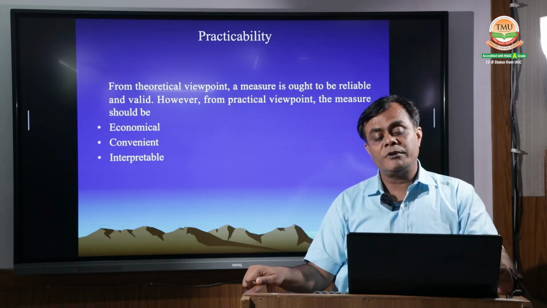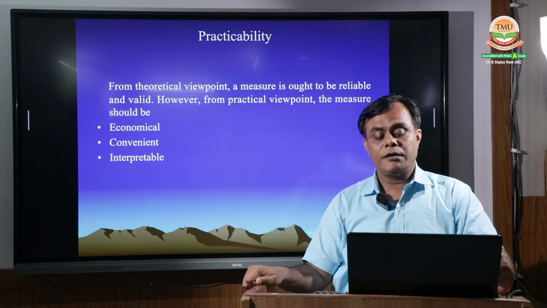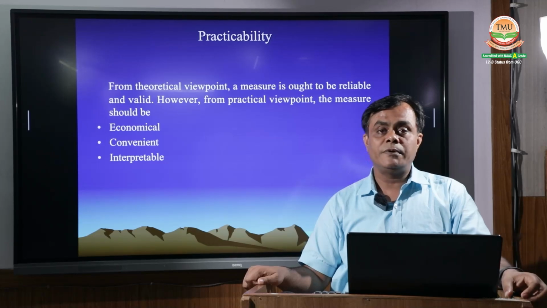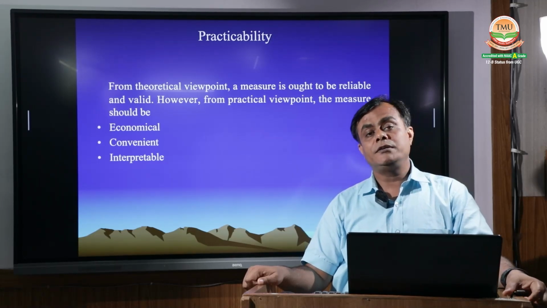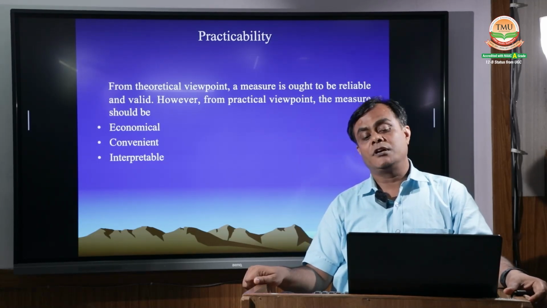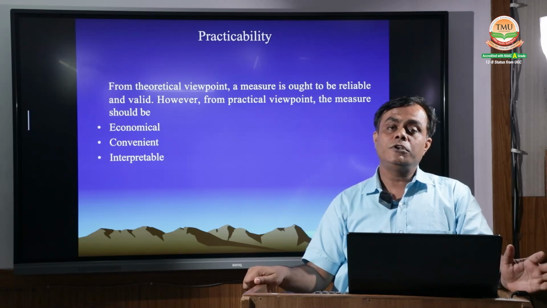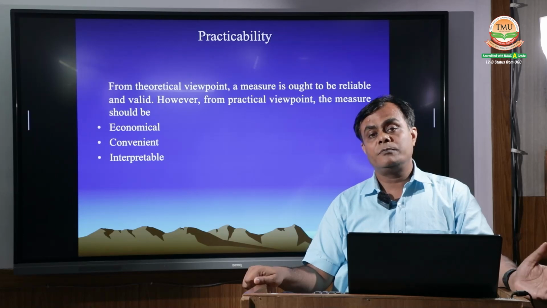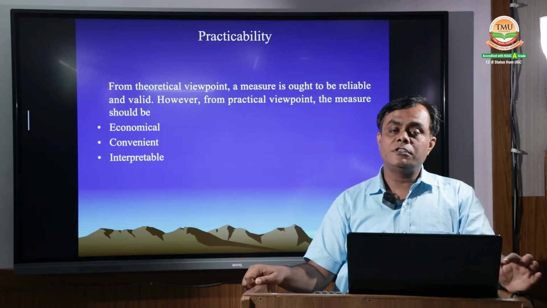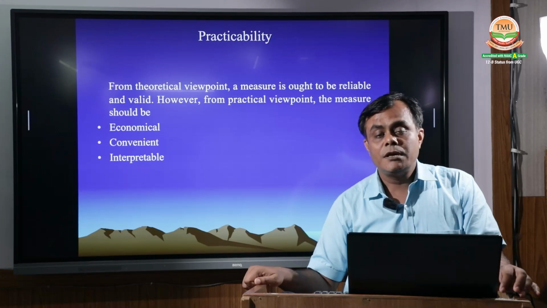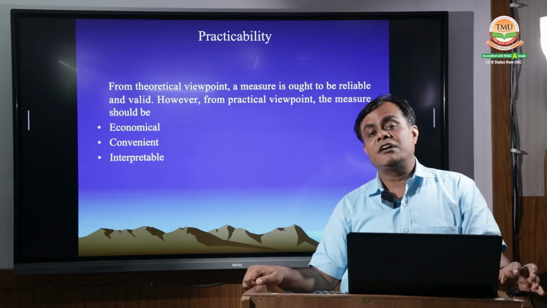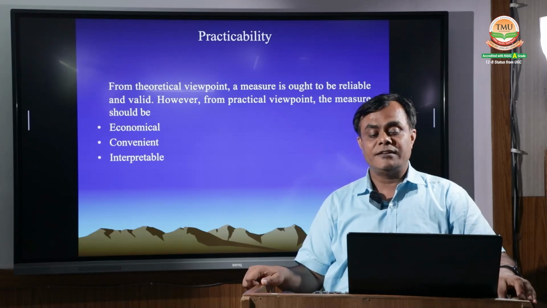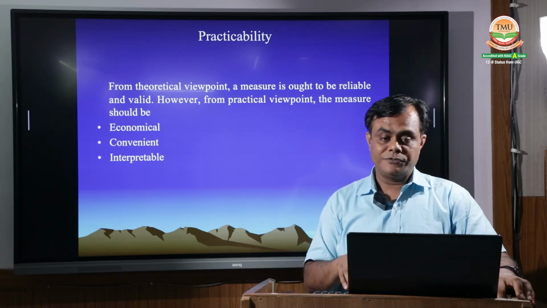They are not economical, might not be convenient, and not interpretable. So practicality is also important, apart from the theoretical viewpoint. When you are going to design or use a measuring instrument or scale, you have to consider the theoretical as well as the practical viewpoint. After that you can accept particular tools or measuring scales for your requirements.